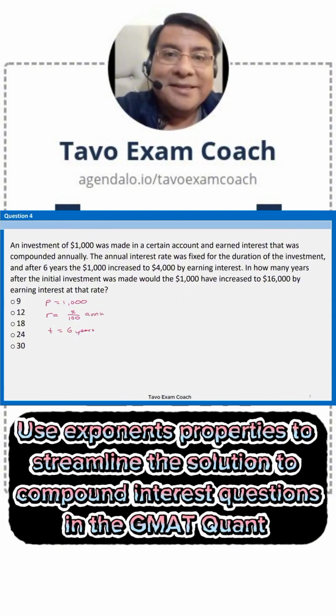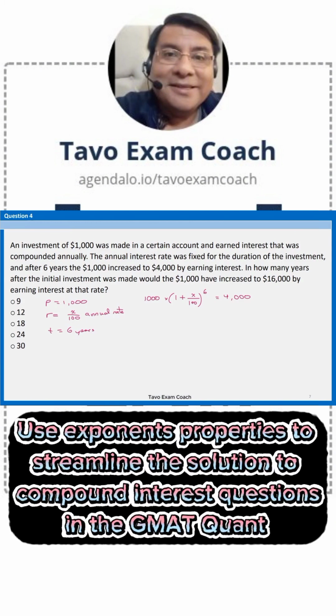So, since we have these three elements, we can see that 1,000 times 1 plus the interest rate, up to the duration of the investment, should yield the total balance, which is $4,000.